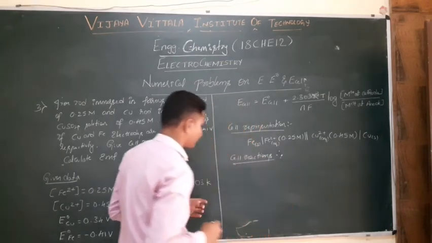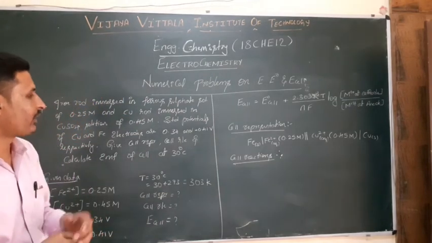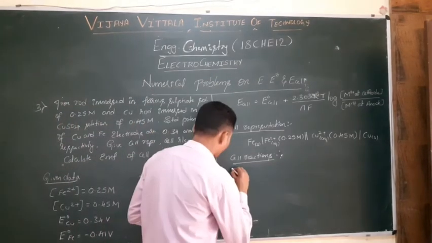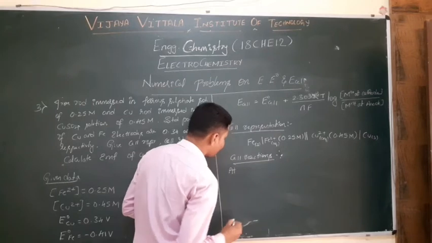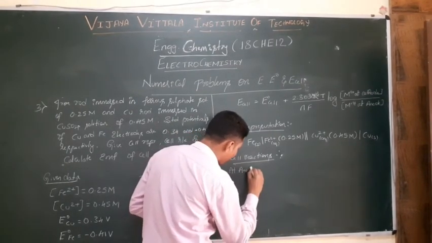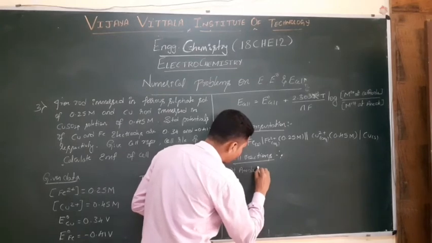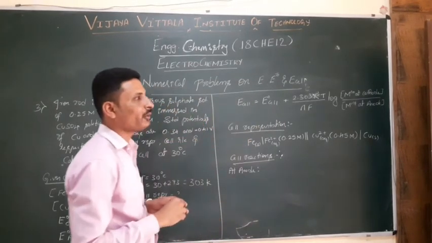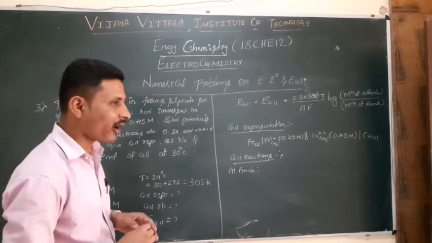How do we write the cell reaction? First, at the anode, write the electrode reactions. At the anode, what happens? As we know, the anode undergoes oxidation.